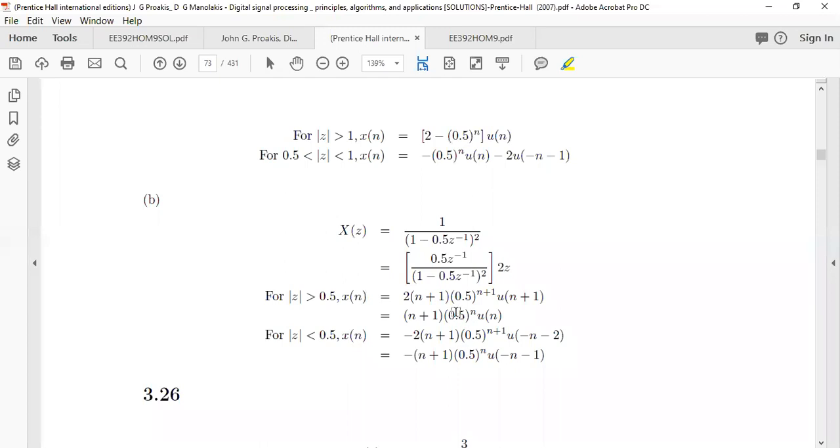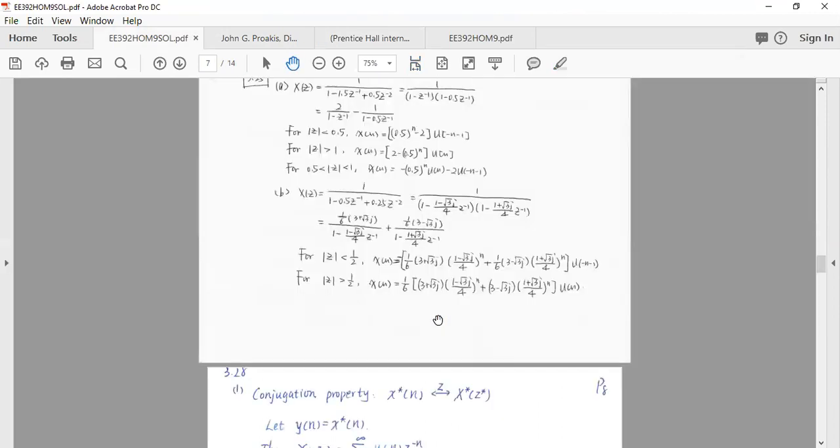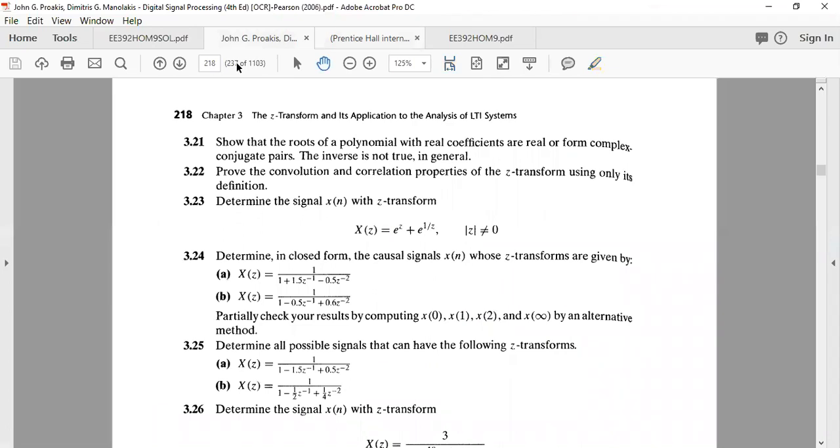So we have two regions, and that is what we are getting from this particular term. It is slightly different in this particular case. It is given in terms of the real and imaginary signal.